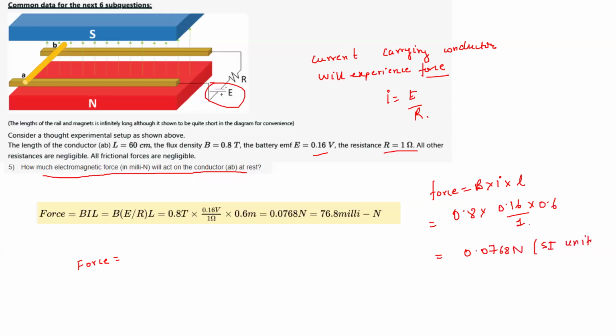Then you can convert it to millinewton, which will be 76.8 millinewton. It was a very simple question. You just have to understand the motoring action and generating action, and everything is easy. Just understand the concept.